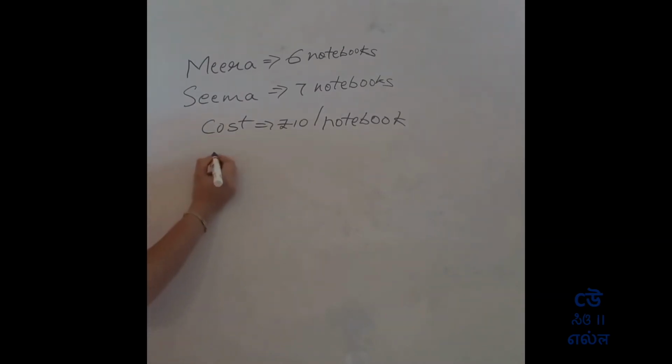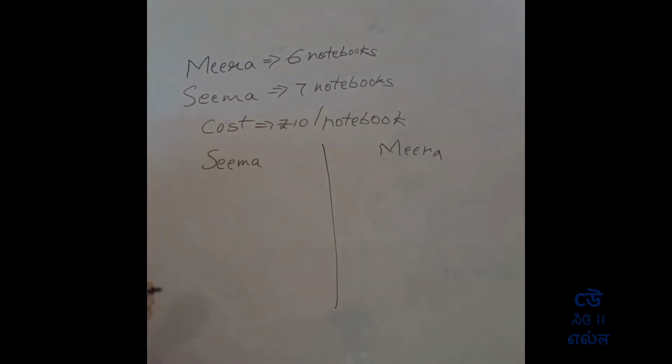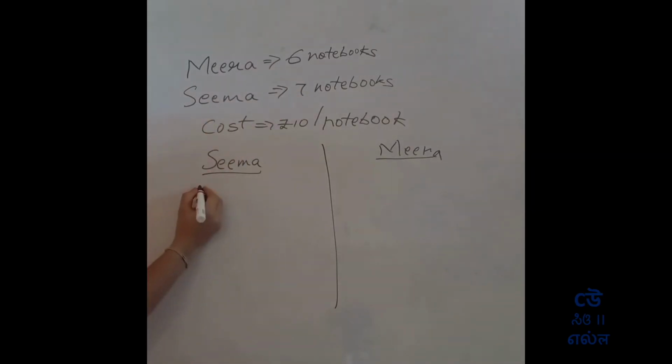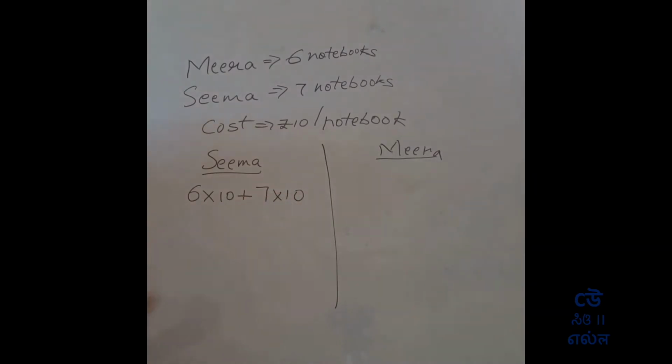But how did Seema calculate the amount and how did Meera calculate the amount? Let us see. Seema calculated 6 into 10. As I told you, 6 notebooks, 1 notebook is 10 rupees. So 6 into 10 plus 7 notebooks, cost per notebook 10, so 7 into 10.